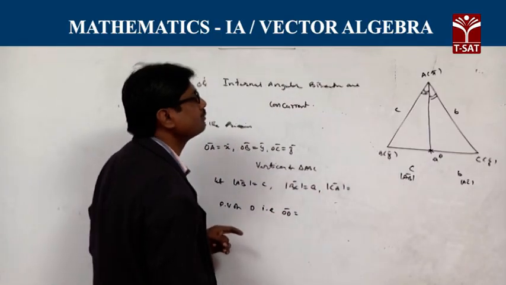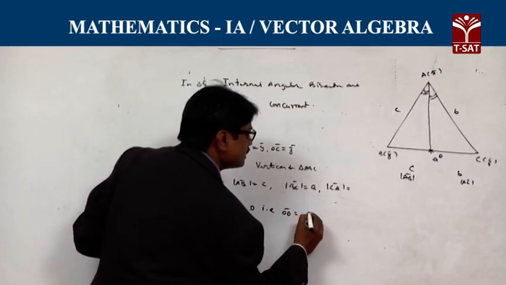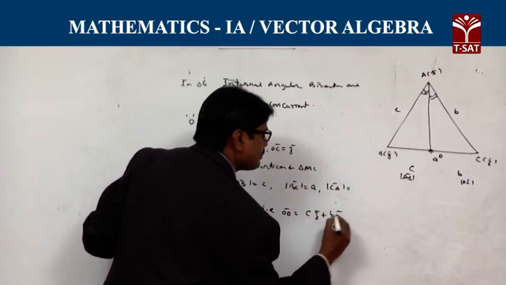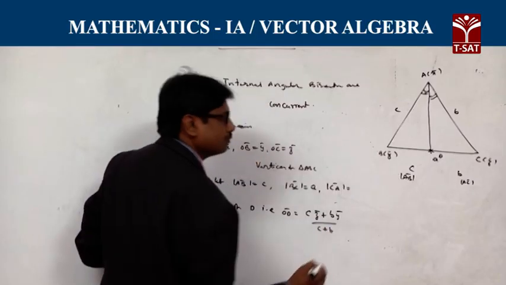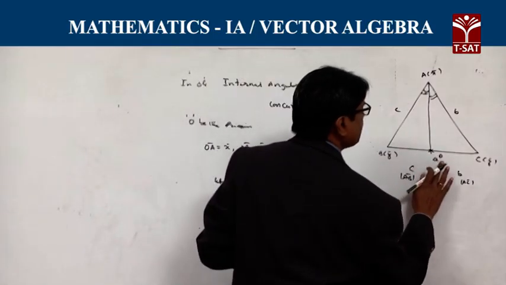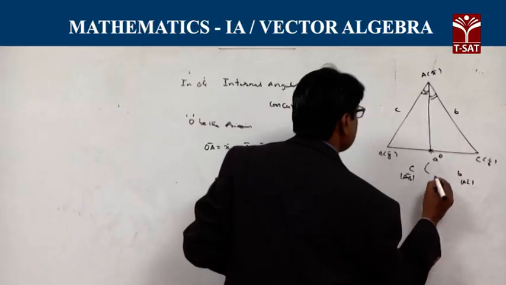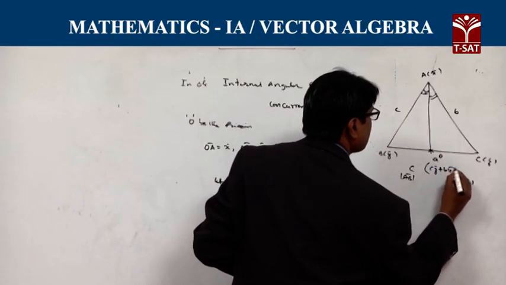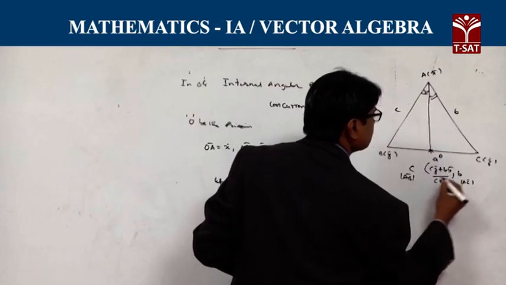So OD bar will be equal to c times z bar plus b times y bar, divided by c plus b.